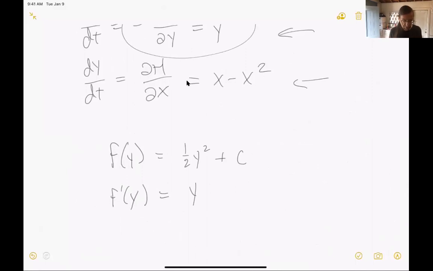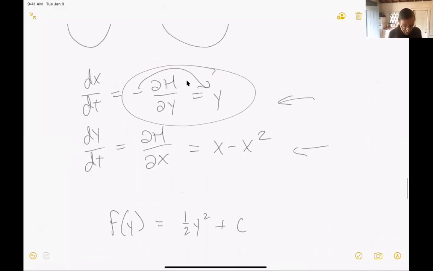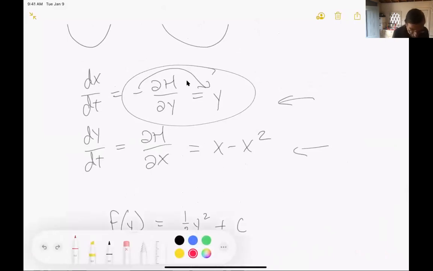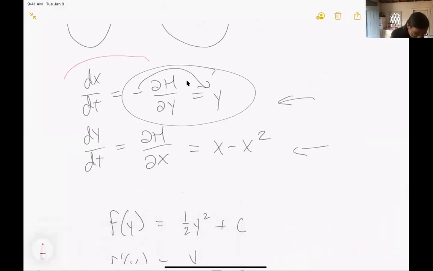If your system is Hamiltonian, then at the same time your dx dt function is computing the negative of partial h with respect to y, and your dy dt function is the partial of h with respect to x. So again, let me just say it again to emphasize. Whenever you're given a system of differential equations, you're given dx dt and dy dt.